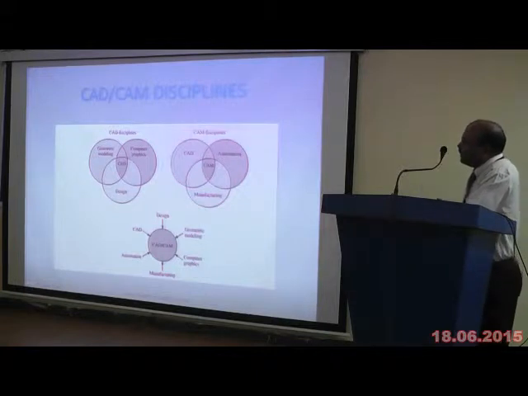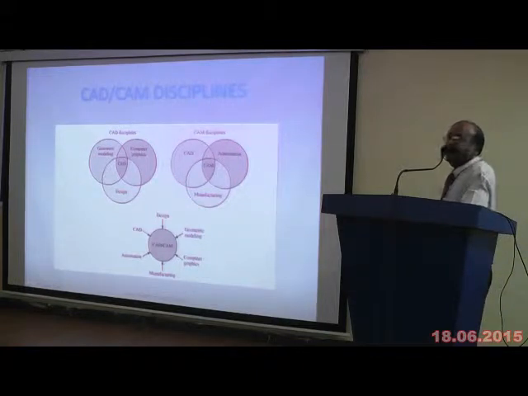So what are the main disciplines for CAD and CAM? CAD can be used for geometrical modeling, computer graphics, and the design part. Using CAM, we can bring in automation and manufacturing.